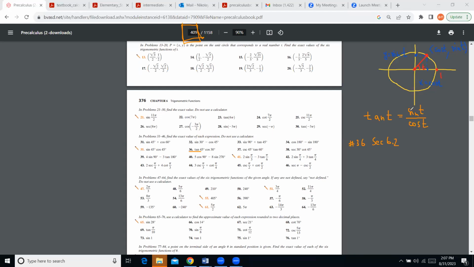Now I'm going to think about what tangent of 45 degrees is equal to. It turns out the tangent of 45 degrees is the same as sine 45 divided by cosine of 45.